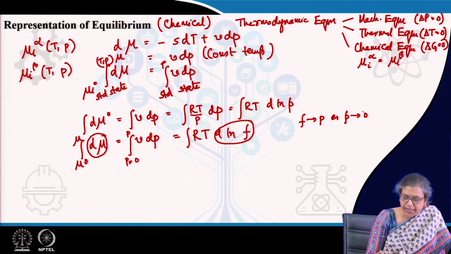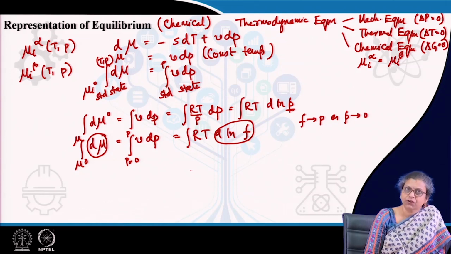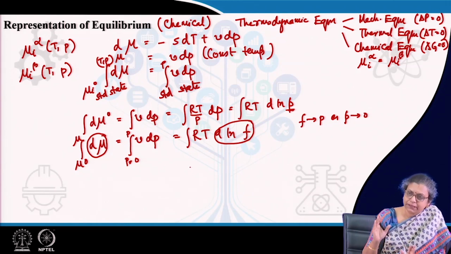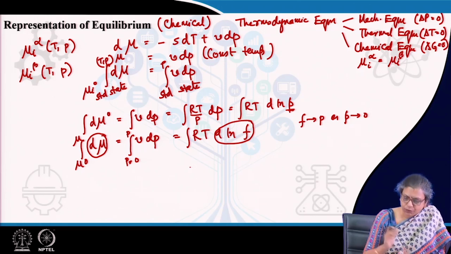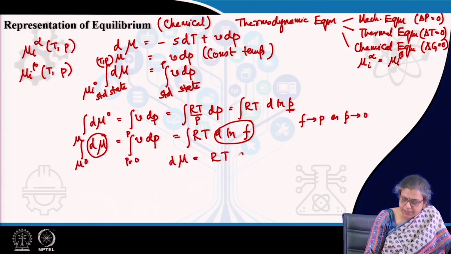But if we relate P with F, then we know the value of F under a standard state which corresponds to the ideal gas situation. So, what is the defining equation for fugacity? It is written in this particular form.